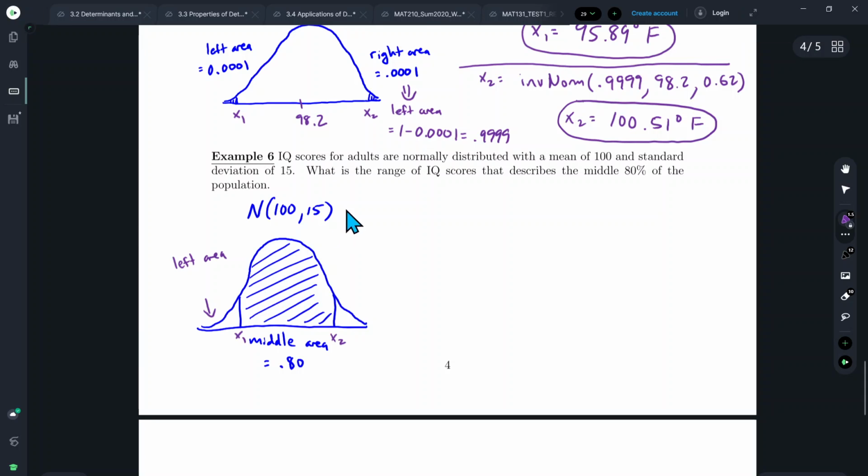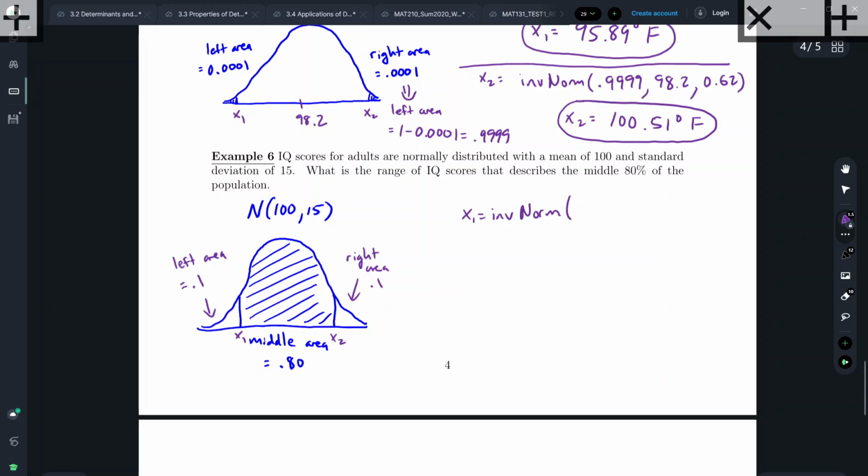So what is this left area here? If the middle is 0.8, then the remaining unshaded region would be 0.2, but I have to split it in half, because I have a left piece and a right piece, and they're the same. So the left area would be 0.1, and the right area would also be 0.1. If I want to calculate x1, I use the inverse norm again, because we're calculating an x value.